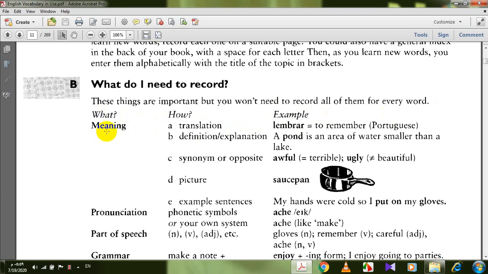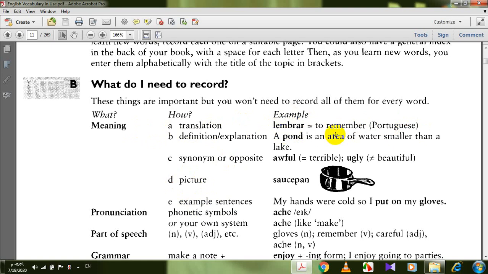What means the meaning. How, we have translation, definition, explanation, synonym or opposite, picture, example, sentence, and this stuff. Example here. So meaning, a translation, like what? Let's have the example. Lembrar, to remember. Portuguese, it is Portuguese from Portugal.